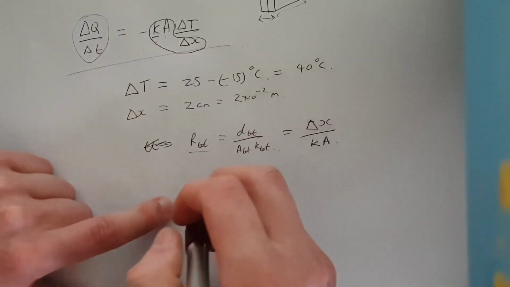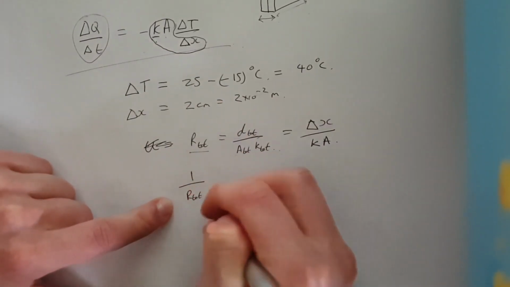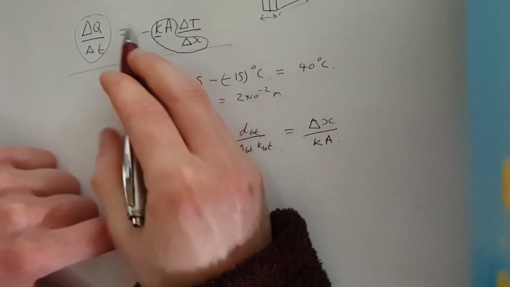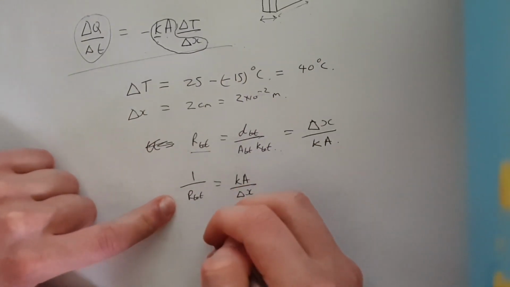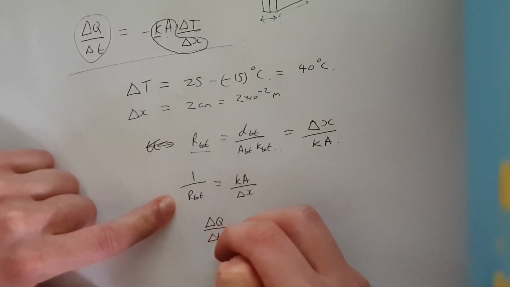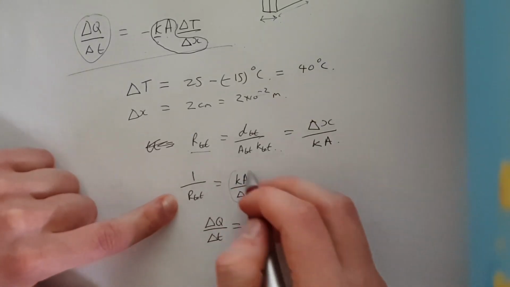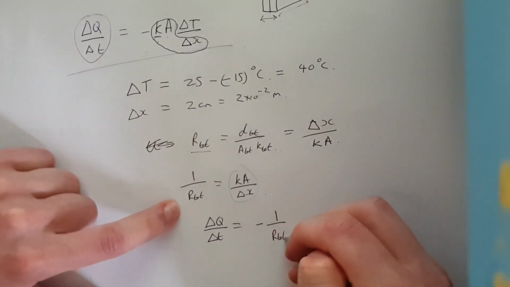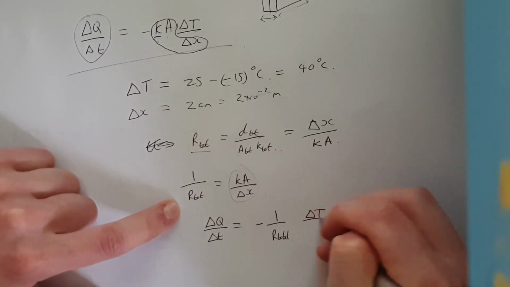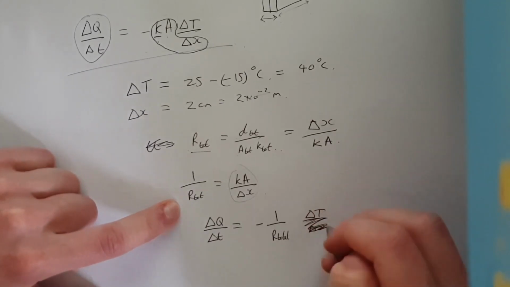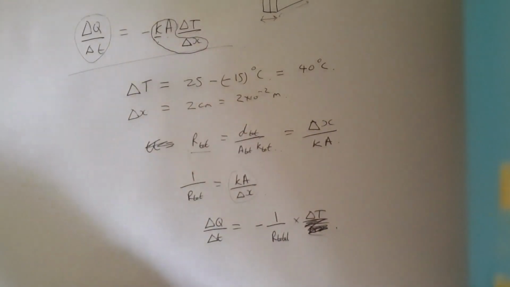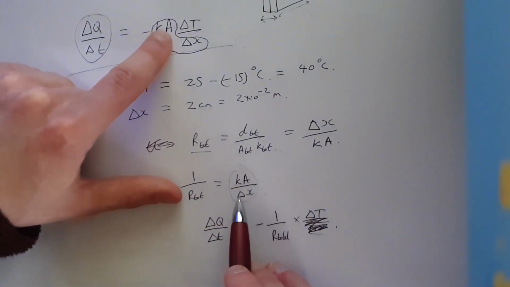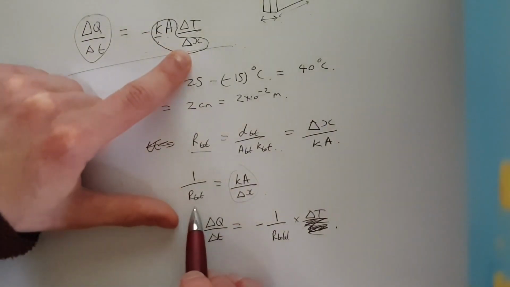So we knew R total from before, so we can just sub this in. If we do the reciprocal and say 1 over R total is equal to Ka over delta X, then we can rewrite the heat equation as delta Q over delta T is equal to minus 1 over R total times delta T. Because I've substituted in Ka over delta X is equal to 1 over R total.